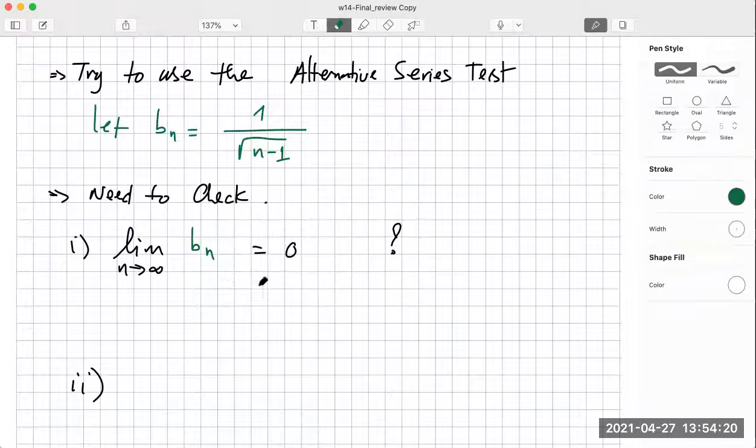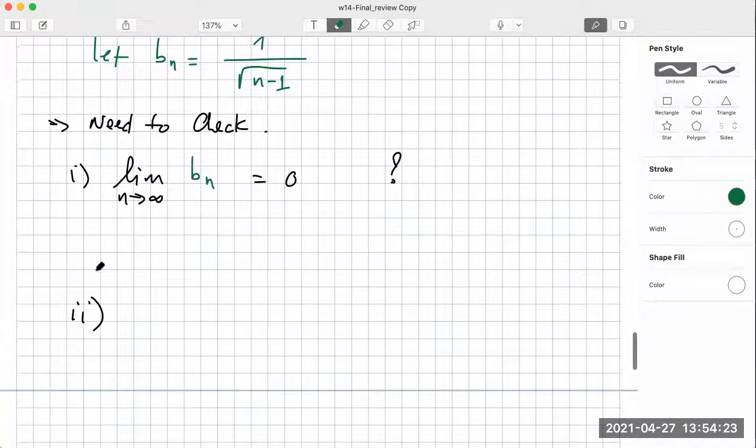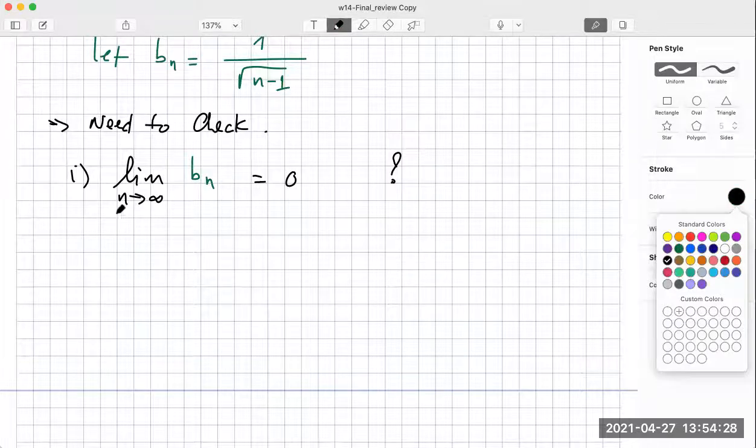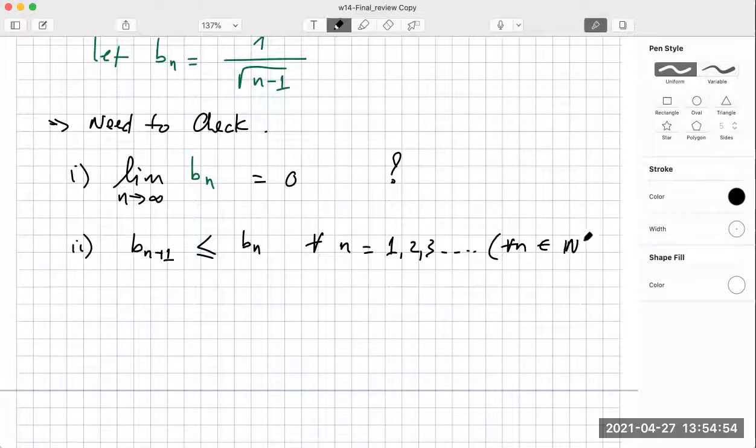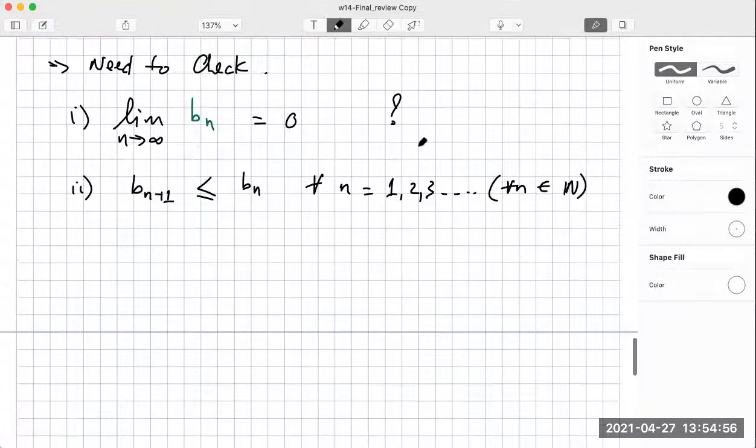The second thing is that the sequence Bn should be decreasing, or we say that Bn plus 1 is smaller or equal to Bn for any n equal to 1, 2, 3, etc. Or in other words, n is an integer here. Okay, so let's do it.